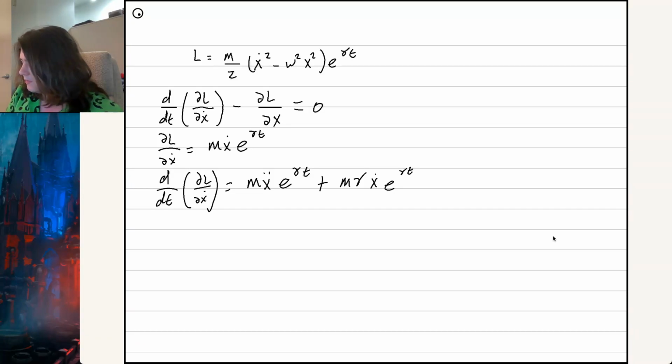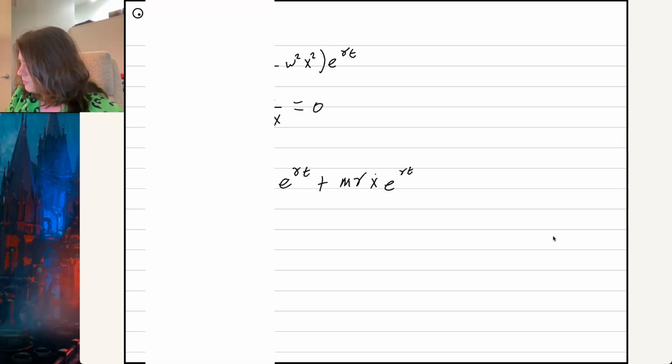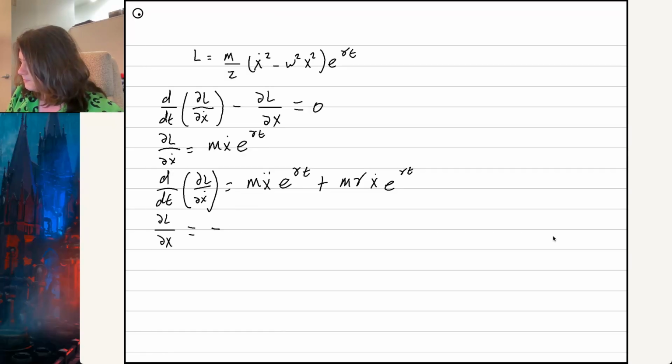And then let's do the partial with respect to just x. It's going to be minus m omega squared x e to the gamma t.